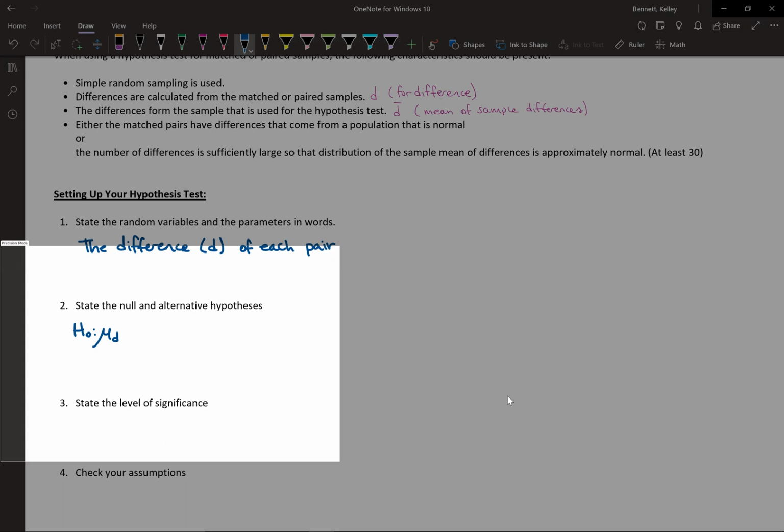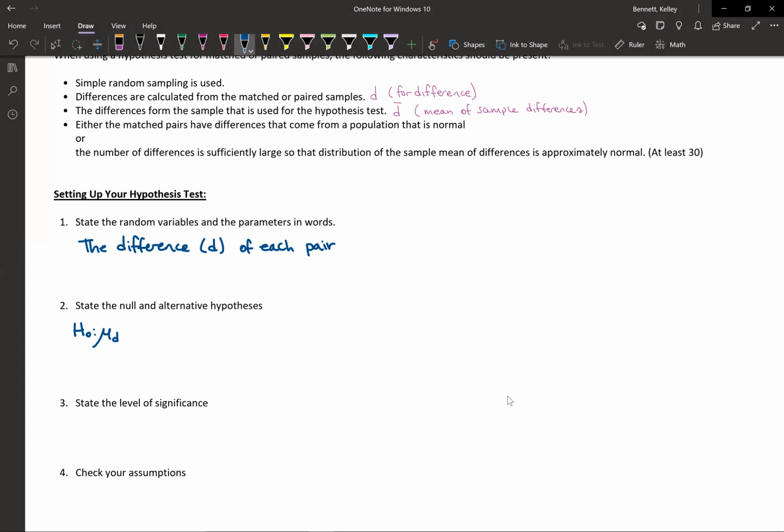So again, mu for mean, population mean, little d for the difference. So this is really going to be the true population mean of the differences. So if I had every single guy and made him do a bicep curl on both arms and I had every single difference, then I could get the true population mean of that difference.